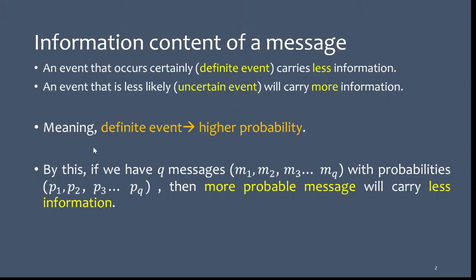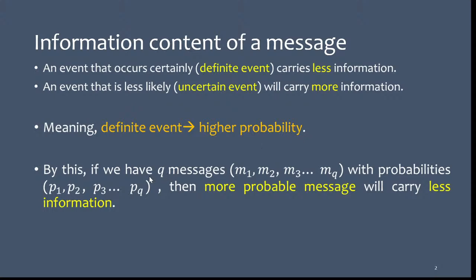And the events that are not definite, the uncertain events, have a lower probability of occurrence. They may or may not occur. In that case, we will have more discussion on whether it will happen or not, and when it will happen, so it carries more information.